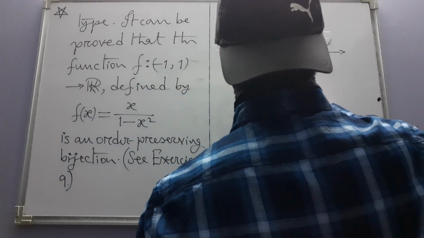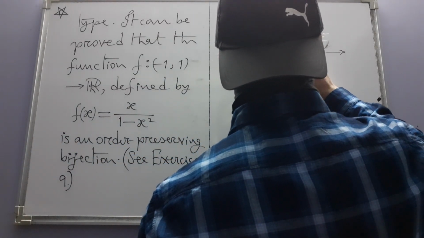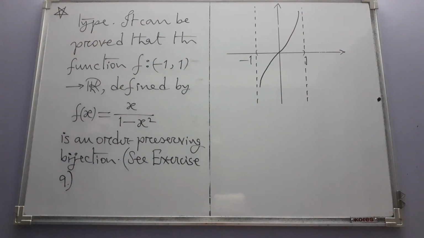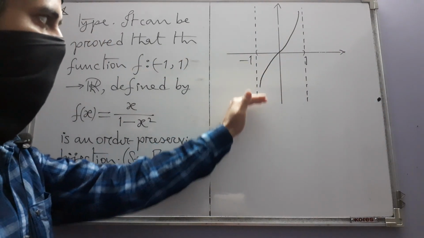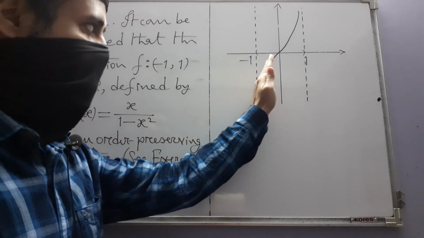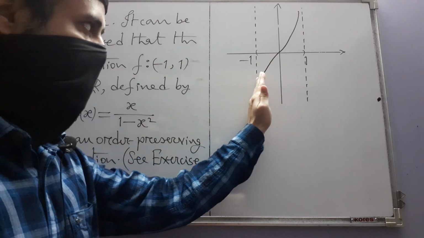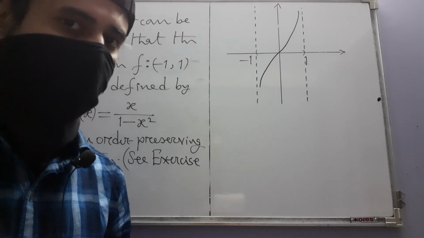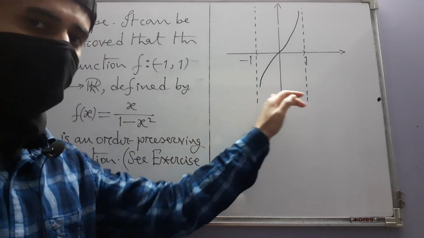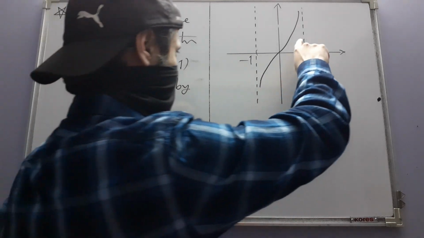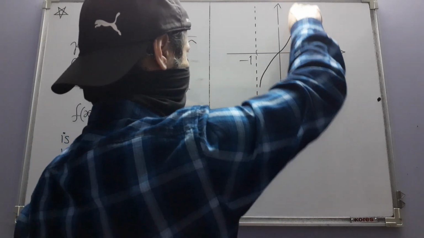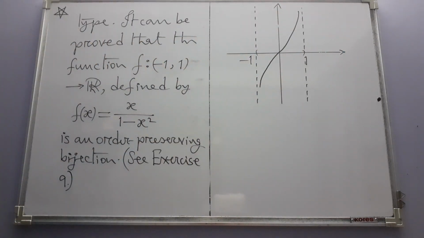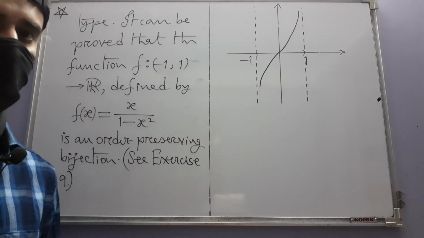The graph is somewhat like this, where you can understand that as you go lower and lower, this portion of the graph becomes closer and closer to this dashed line, but it never touches it, nor crosses it and goes to the other side. Similarly, on this side, if you go higher and higher, this portion of the graph becomes closer and closer to that dashed line without ever touching it.